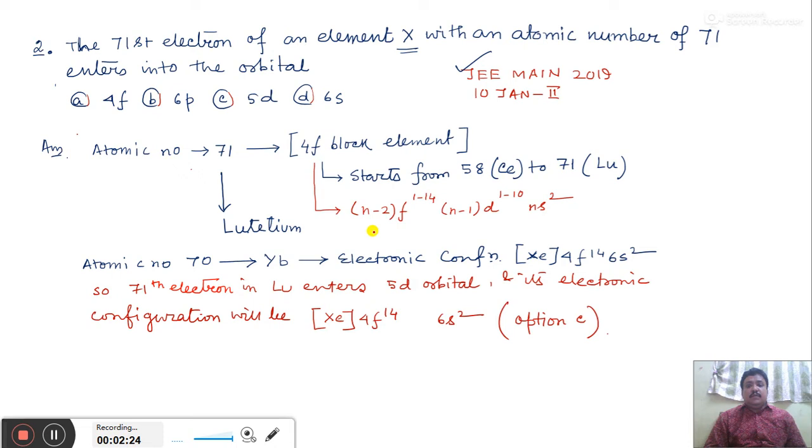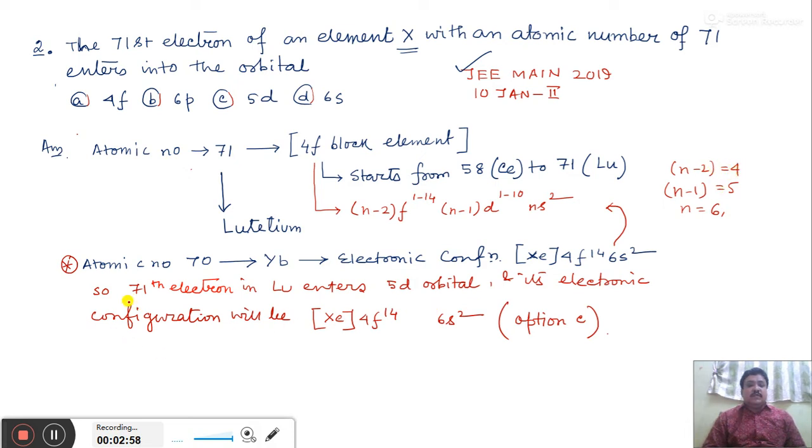Now the 4f block elements have the common electronic configuration (n-2)f1 to 14, (n-1)d1 to 10, and ns2. We know atomic number 70 has the electronic configuration xenon core 4f14 6s2. Comparing, n is equal to 6, so n-1 is equal to 5 and n-2 is equal to 4.